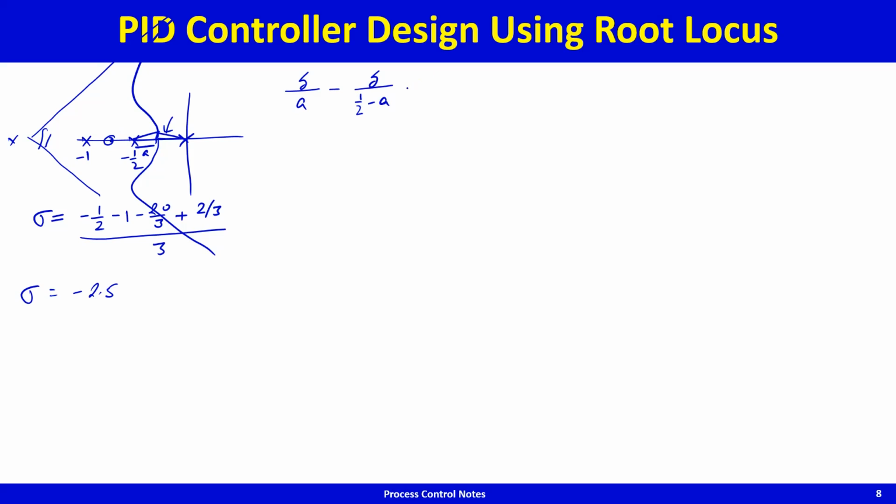This is a 0 plus delta over, how much is this? This is 2/3, so 2/3 minus half plus A, so 1/6 plus A, that's this guy.